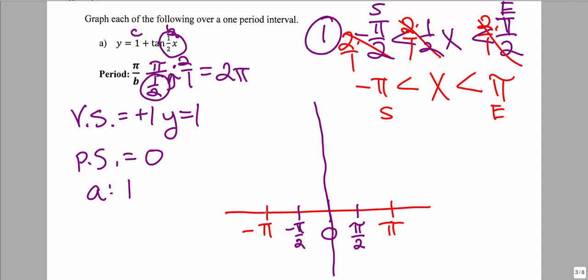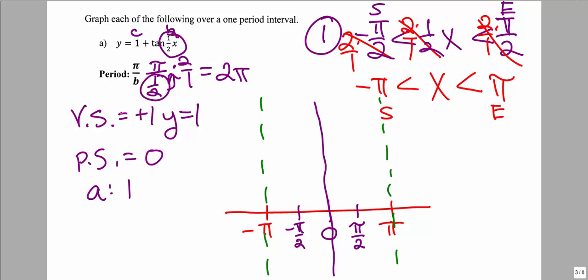Now the graph, this 1 period interval of tangent, starts and ends at its asymptotes. So we're going to draw in dotted vertical lines to represent the asymptotes. Remember, this is where this equation of tangent is undefined. And then we're going to draw in our shape of tangent.